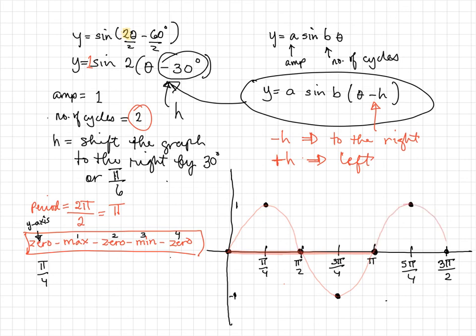Do this. Am I done? No, not yet, because this graph is just the y equals sine 2 theta, and we're not done there because we still have to shift 30 degrees to the right, or pi over 6 to the right.